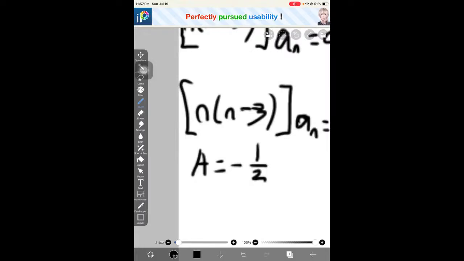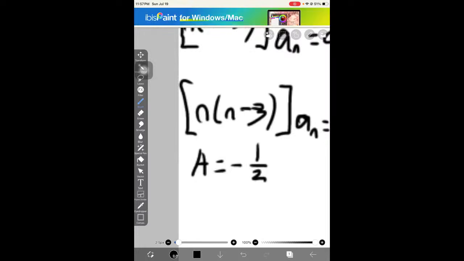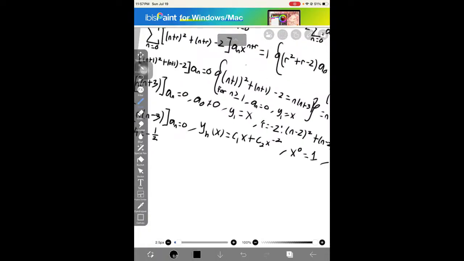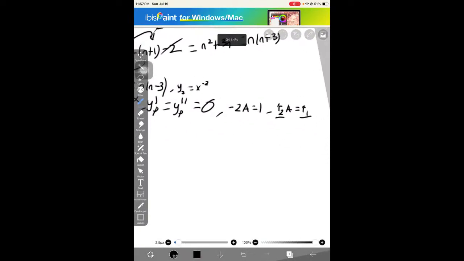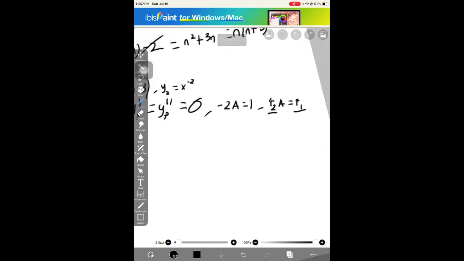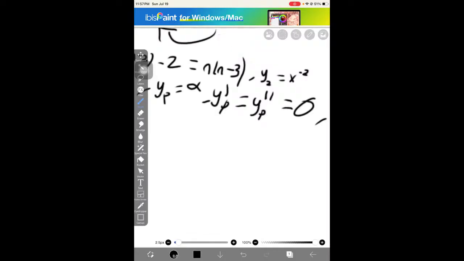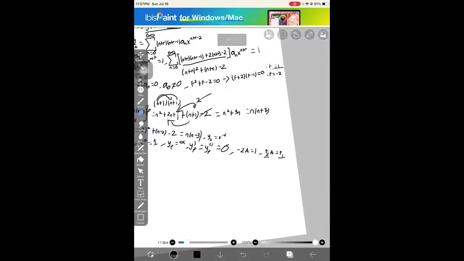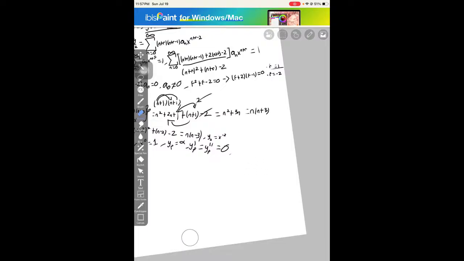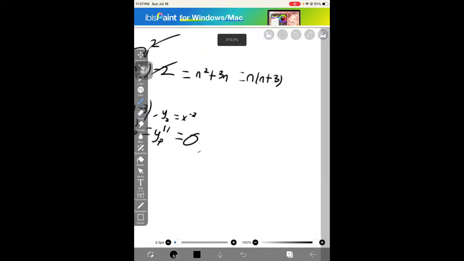It's still a little bit vague, but that's how I visualize it. I want to multiply negative 2 by this particular constant. Why did I say a? I said alpha, sorry.